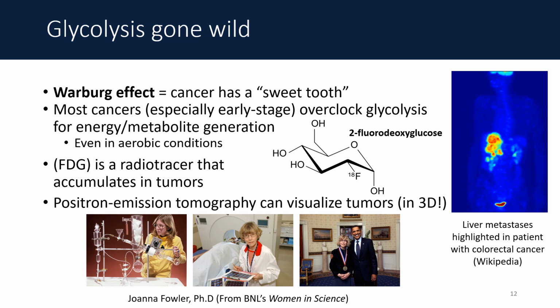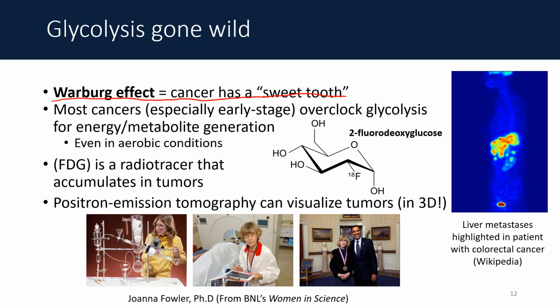Therefore, cancer tends to be very glycolytic and therefore sucks up sugar at an even faster rate than the surrounding tissues, even the brain. We call this disproportionate thirst for sugar the Warburg effect, cancer's sweet tooth.